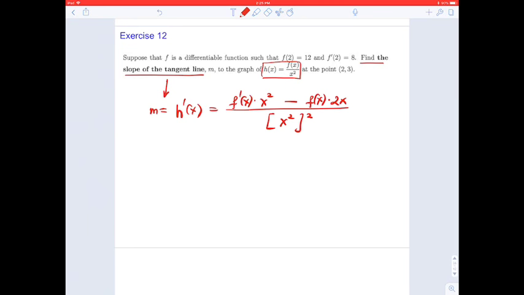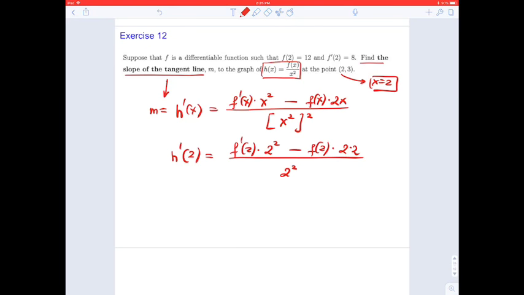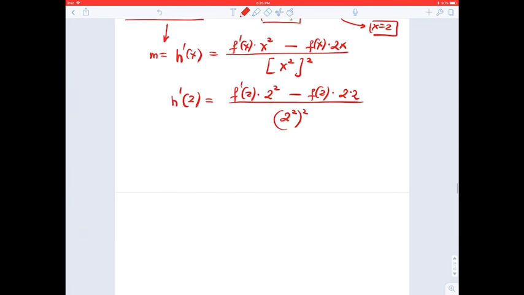Let's put right away the value x equals 2, because this is telling me that everything is happening at the point 2, 3, whose x coordinate is 2. Let's substitute. f prime at 2 times 2 squared minus f at 2, times 2 times 2, over 2 squared and again squared, which of course will be to the power of 4.